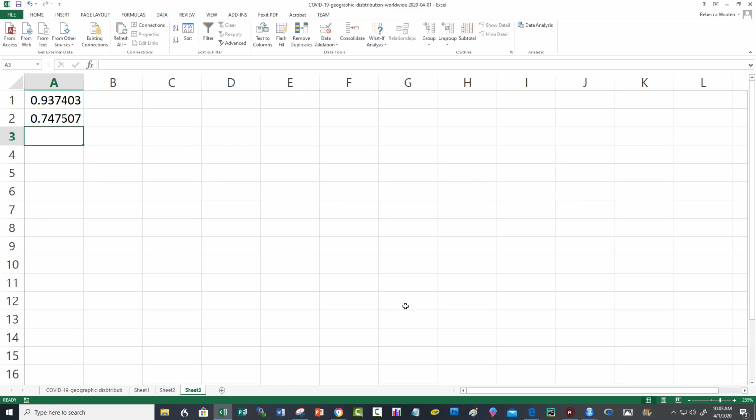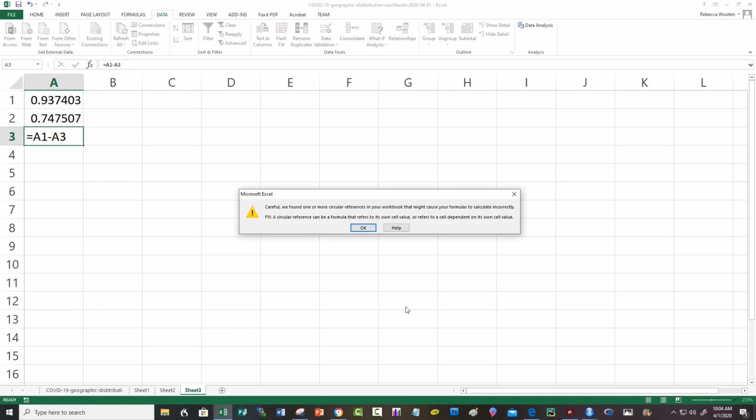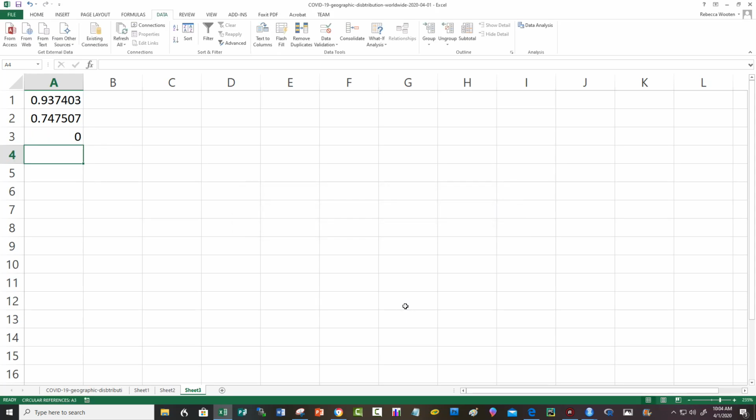So if we look at the difference between these two values, that would be, oh, I see, I accidentally went down to A3. I want A1 minus A2. So there's an 18.98 or approximately 19% chance that the data is between 110 and 123, given that the mean was 100 and the deviation was 15.